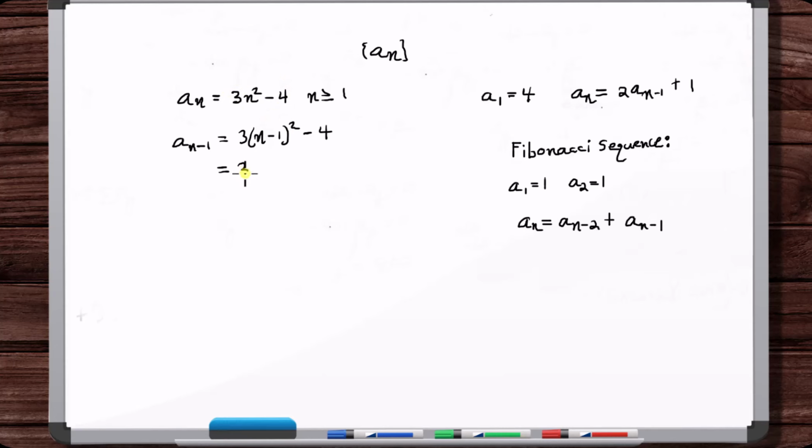So we have 3 times n minus 1 squared. So n squared minus 2n plus 1. Okay, distribute the 3.